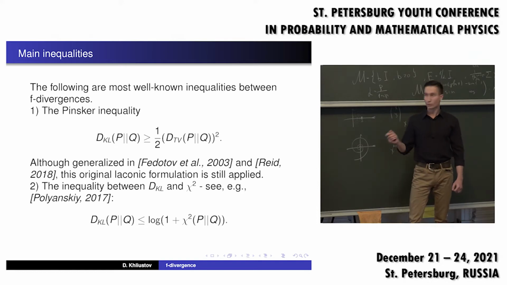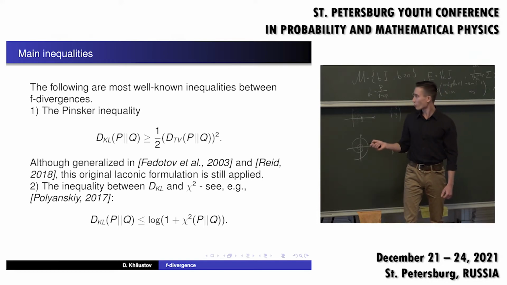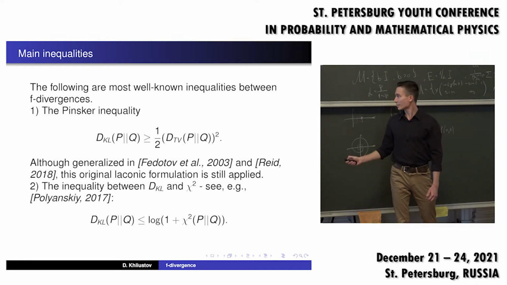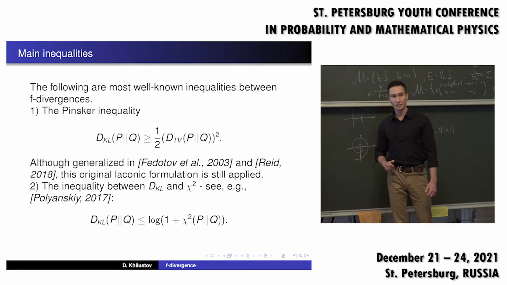It has been improved by works of a few authors, but this original formulation is still widely applied because it's very laconic and in its own way beautiful. And the second important relationship is between Kullback-Leibler and chi-squared. Here is an upper bound. We will try to provide a lower bound for this divergence.